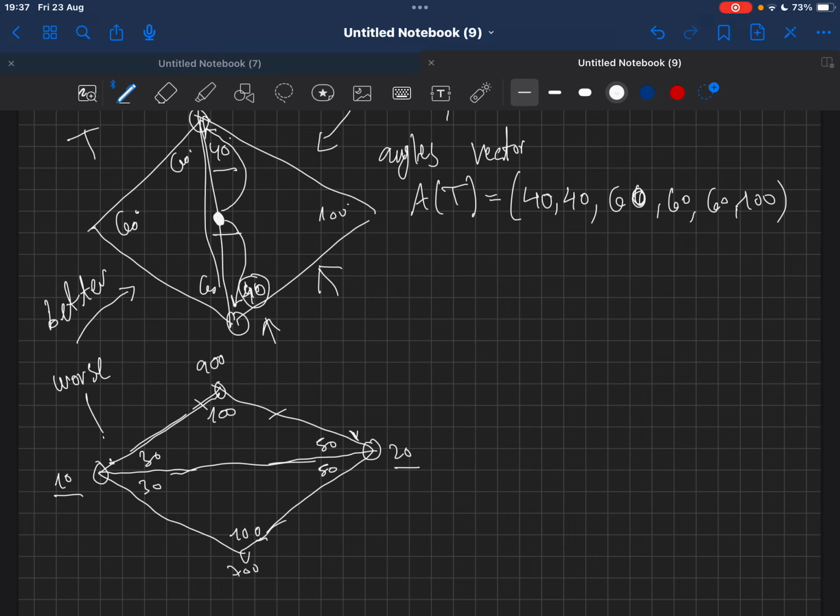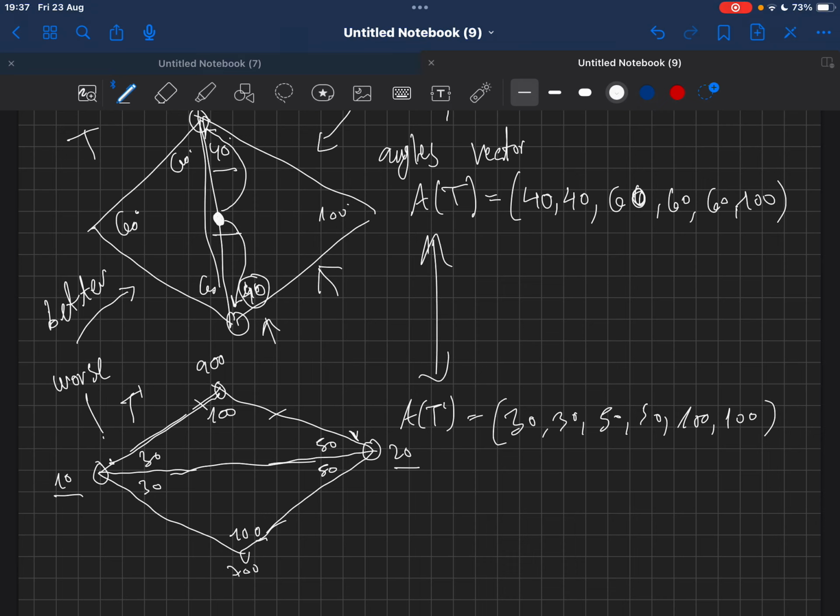Okay, so if I look at the vector of angles, let's call it t tag, again it is ordered lexicographically, starting with the lower and continuing with the higher angles. I start with 30, 30, 50, 50, 100, 100. Now when I compare those two vectors of angles, I see that in the start I get bigger angles in that vector.